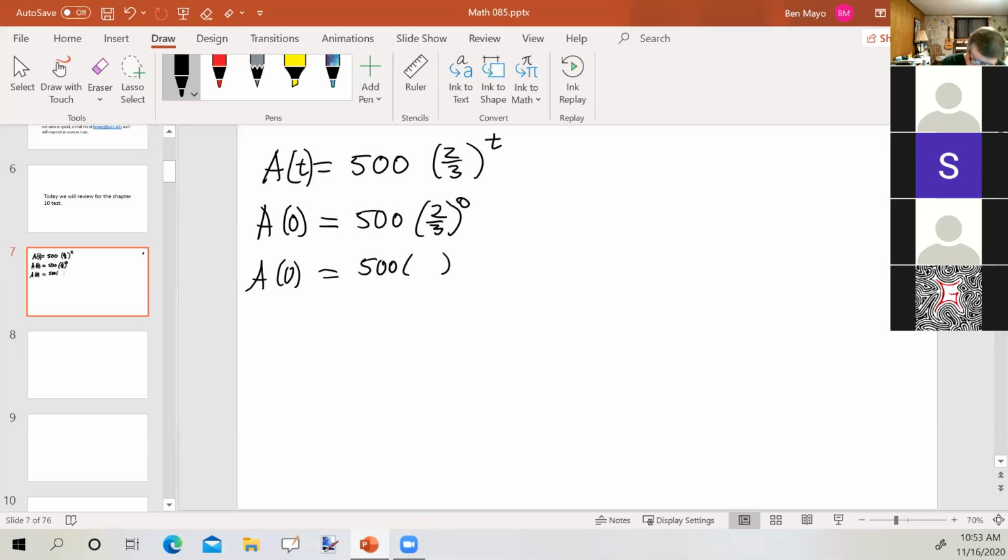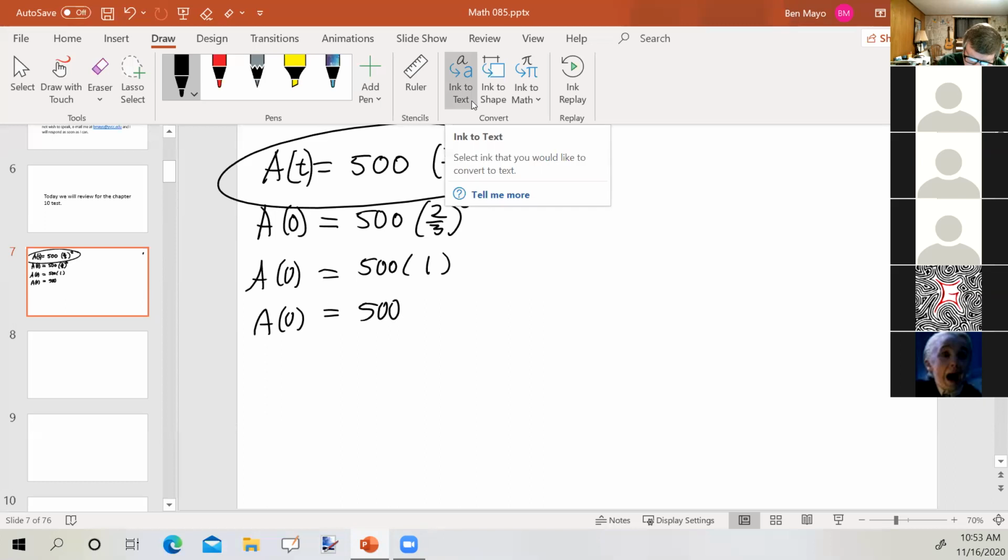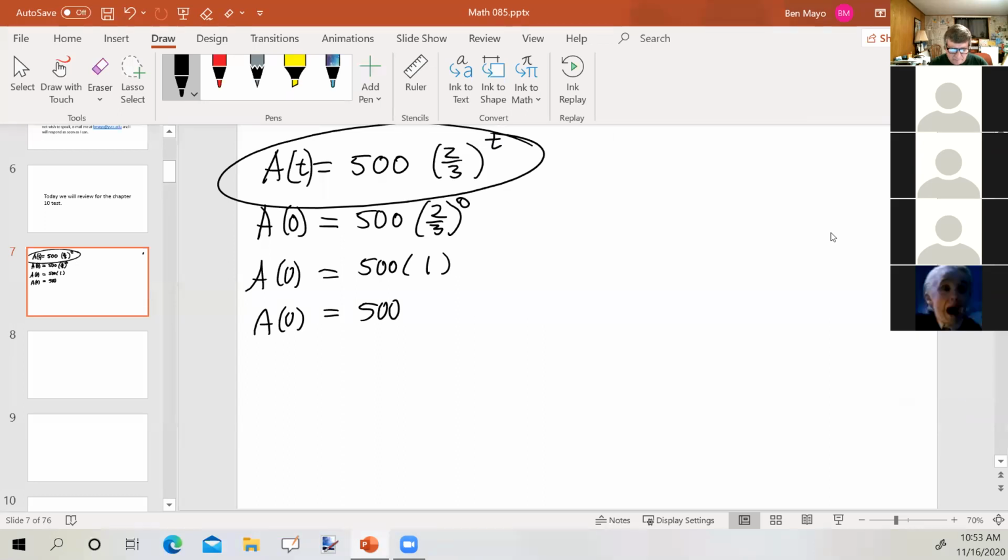Isn't it just 1? It is. So what would A of 0 equal? 500? So basically, this function, at the beginning of time, there are 500 of something. Okay? Do you see that? Yes. So this is like your starting value.